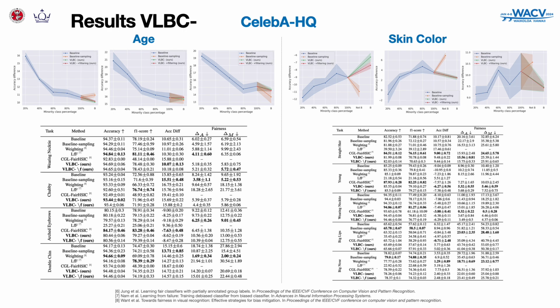We run the proposed bias mitigation method across different downstream tasks of CelebA-HQ, with age and skin color as protected characteristics. We capture the bias by difference in accuracy and difference in equality of opportunity, which is here indicated as fairness.